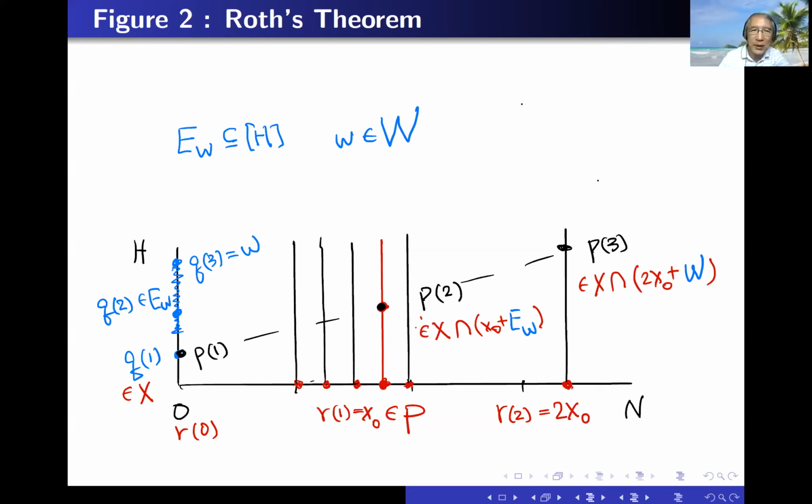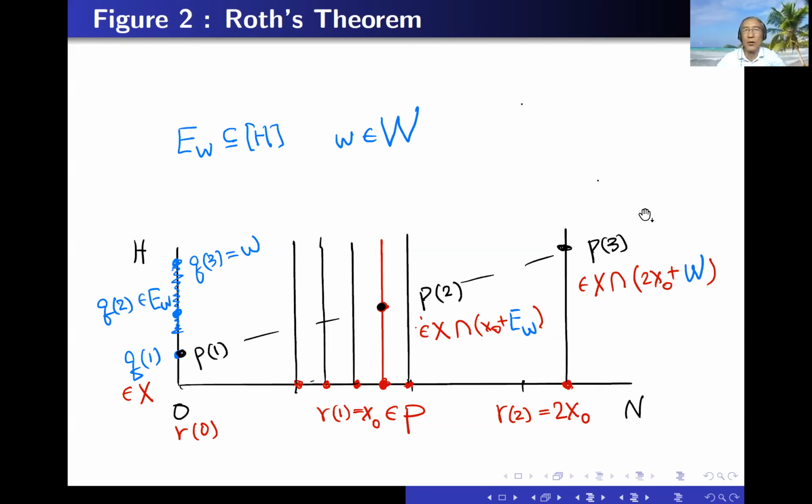Now, how can we generalize this into the proof of k equals 4? Well, first, we want to pick H less than 1/5 of the N. Then instead of considering 3-term AP, we consider 4-term AP with one coordinate free. So this coordinate could be the 3rd coordinate or 4th coordinate.